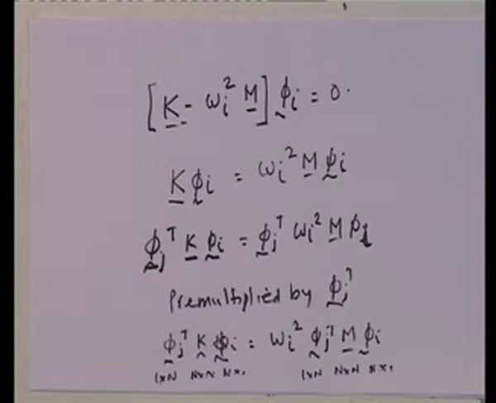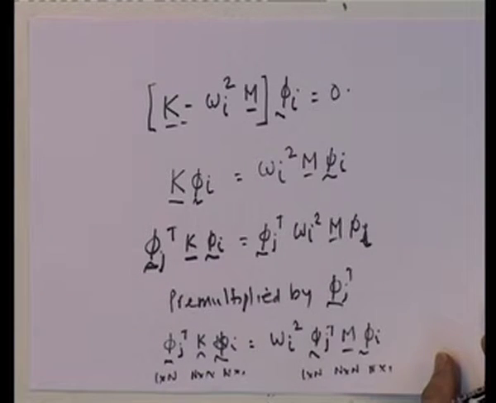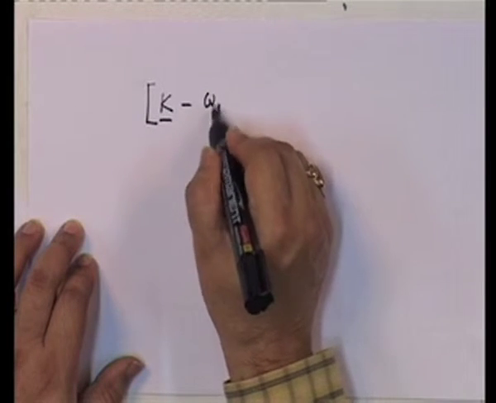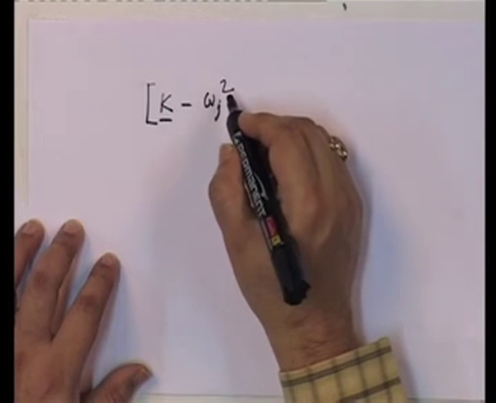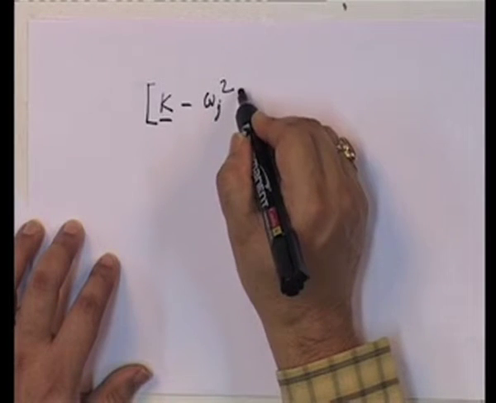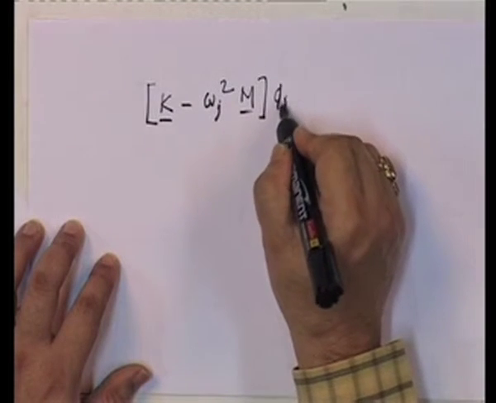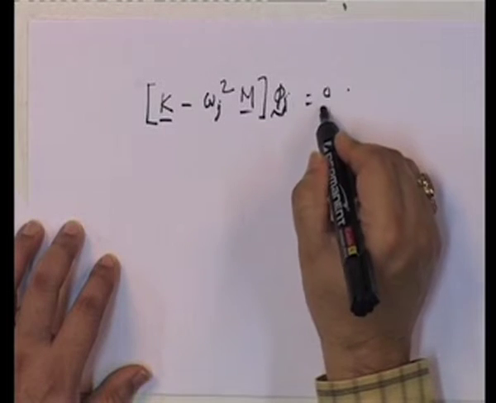Okay, so this is one part. Let us look at the other situation, that k minus omega j squared times m times phi j is equal to 0.